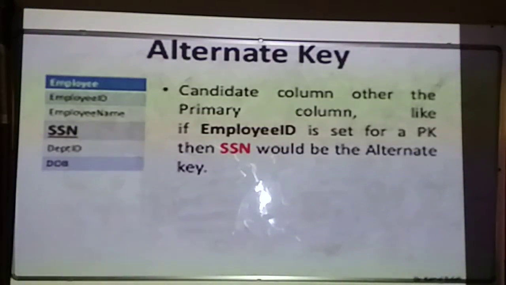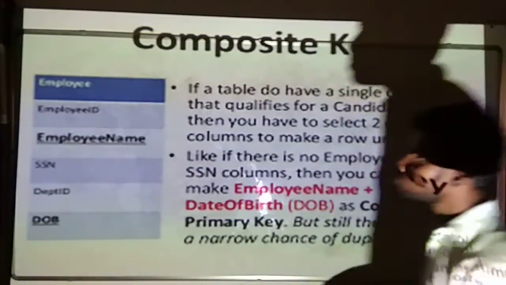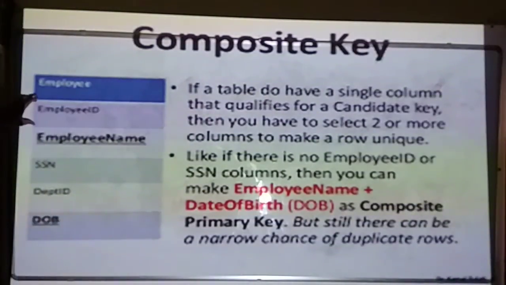Okay, and those are your keys. And composite key is one more key. If a table does not have a single column that qualifies as a candidate key, then you have to select two or more columns to make a row unique. Suppose you are not using your employee ID, department ID, or SSN ID to create a key, then employee name and date of birth can be selected to prepare a key.